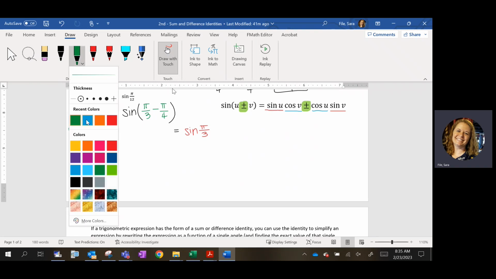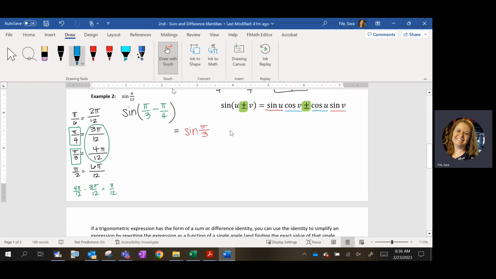So then it's times cosine of the second angle, which is the pi fourths. And then this keeps the same sign, doesn't it? So this was a minus, so it's going to stay a minus. And then I'll have cosine of the first angle and sine of the second angle.